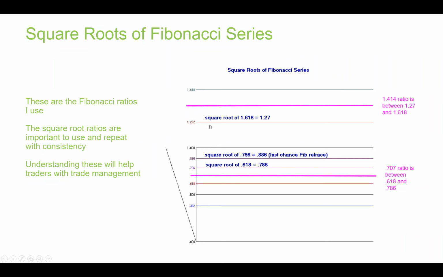Now, if you're not familiar with the extensions 1.27 and 1.618, the 1.27 is the square root of 1.618. Not that that's going to make a huge difference to you, but this ratio is very common in many swings. And this ratio itself and the 1.618 can be used as trading setups.